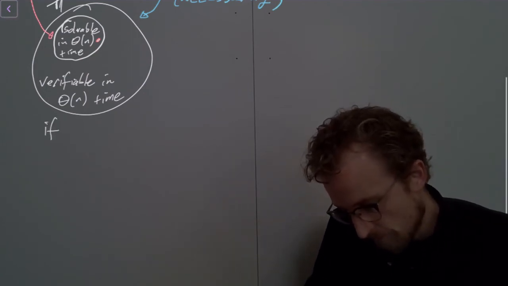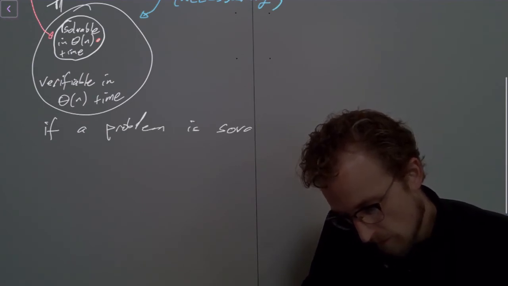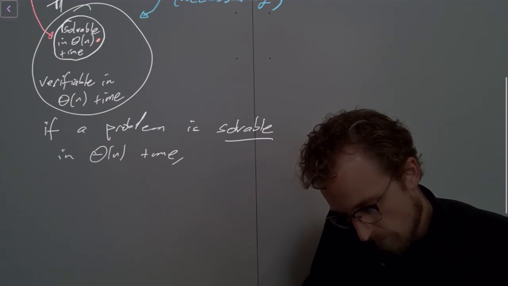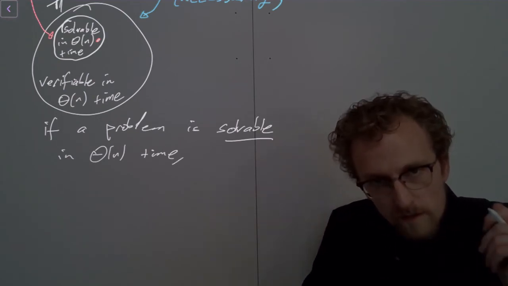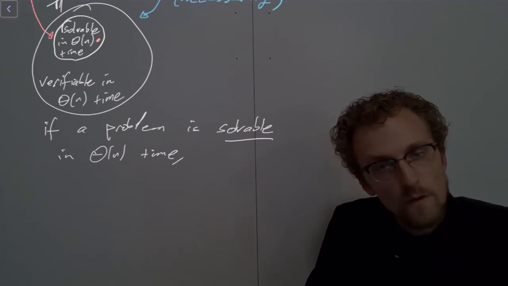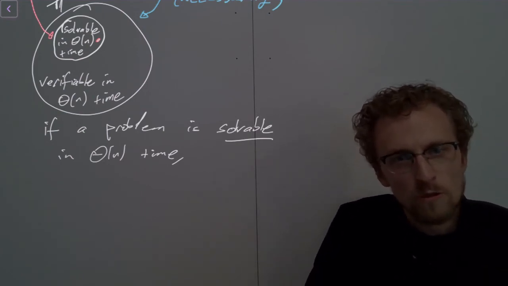So if a problem is solvable in linear time, then it is necessarily verifiable in linear time. In other words, if I give you a solution and I ask, is this solution correct?